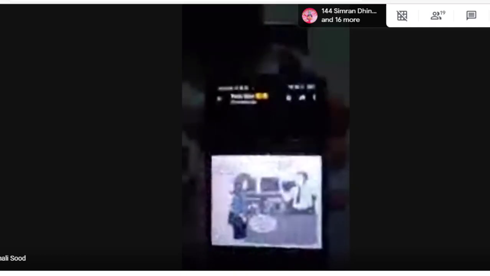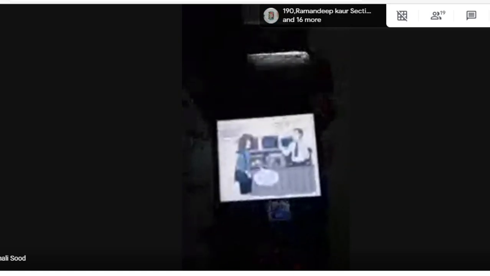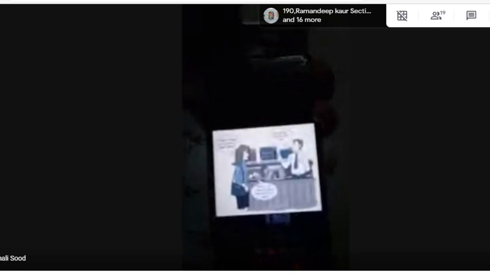Students, can you see the image? Is it visible to all? Now is it visible? The shopkeeper and the consumer. As you can see in this picture, he is the shopkeeper and she is the consumer.